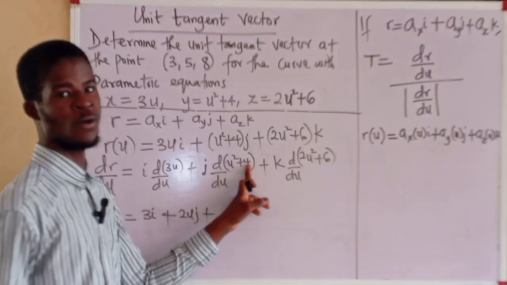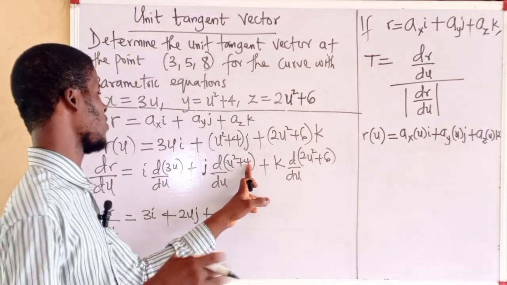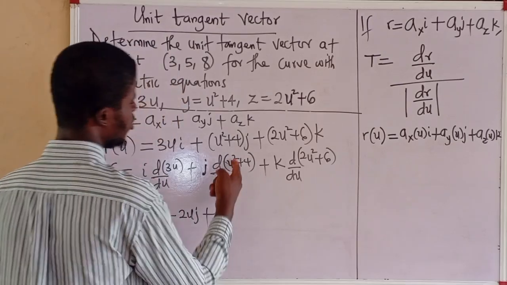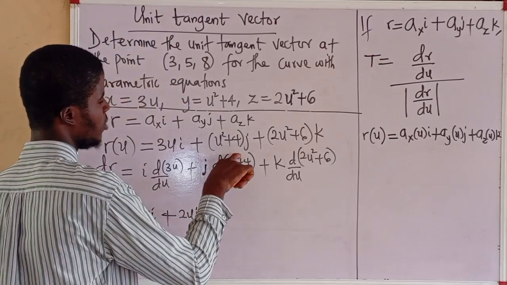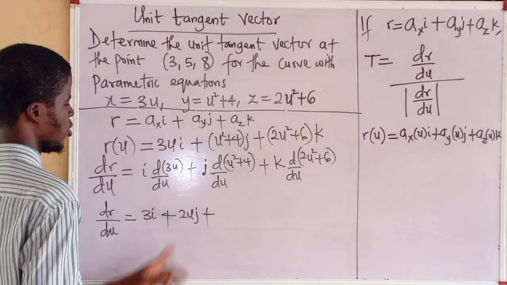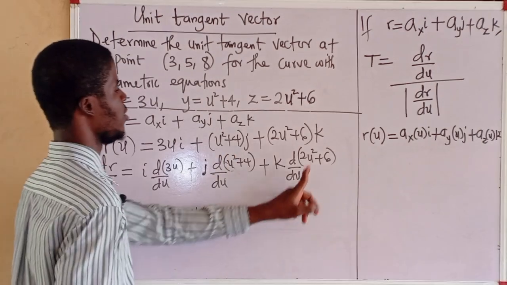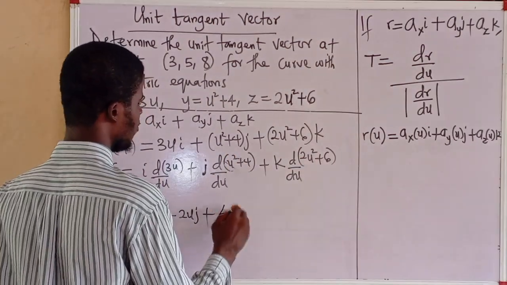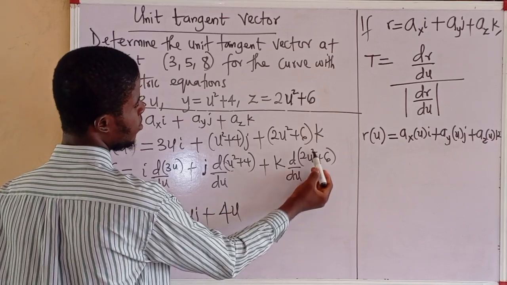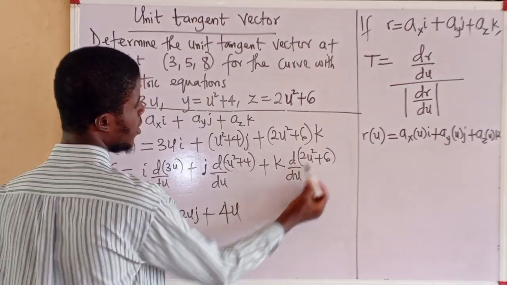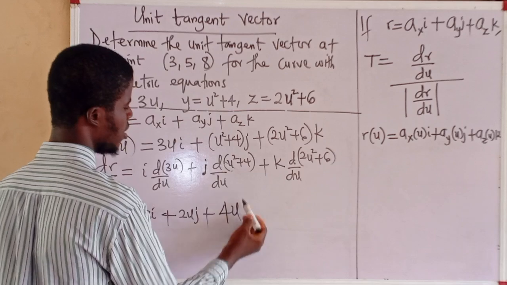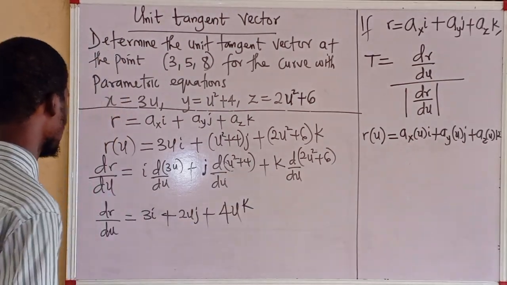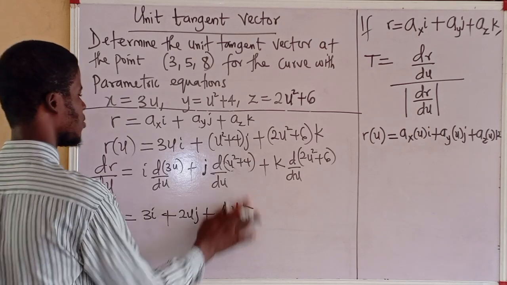The same thing with 4, it is a constant, so the derivative is also 0. So differentiate u squared. That will be 2 times 1, 2, then subtract 1 from the power. That's 2u raised to power 1. Then differentiate 2u to the power of 2. That will be 4u, because 2 times 2 is 4. Then subtract 1 from the power. That's 1. Times the k. So this is the dr/du.